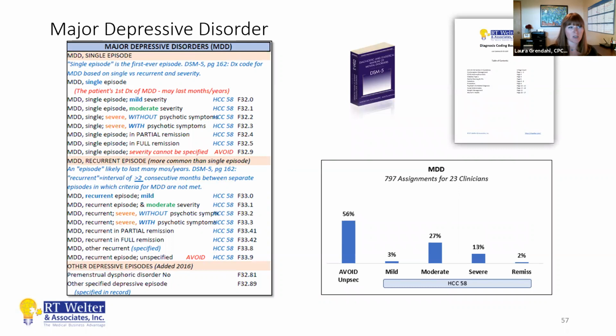We want to make sure that we are paying attention to our documentation and that our clinicians are appropriately documenting it, because if it's not documented correctly, we can't code it correctly. So really making sure that we know the difference between the single episode, the recurrent, that mild, moderate, and we're getting that correct feedback and that those are being correctly coded.